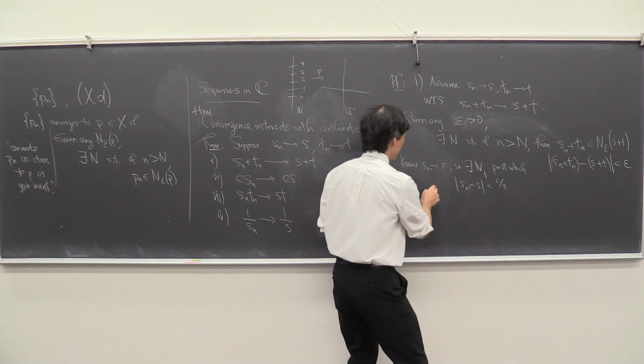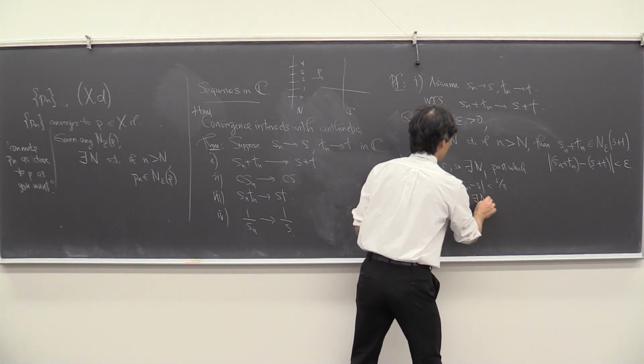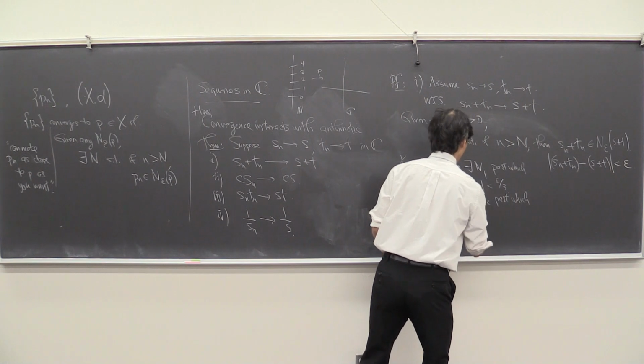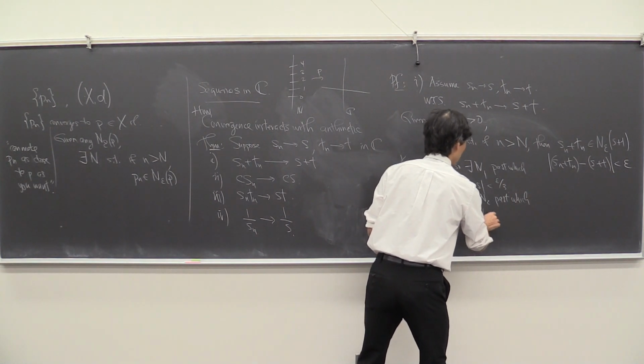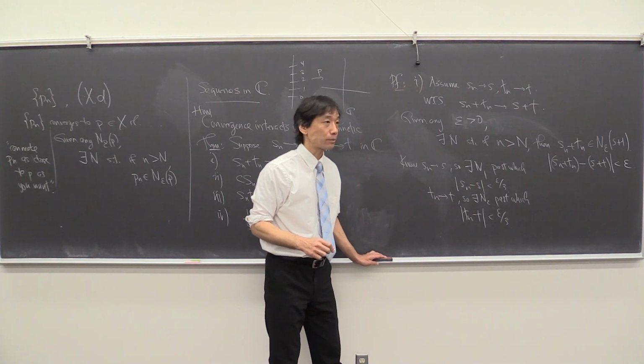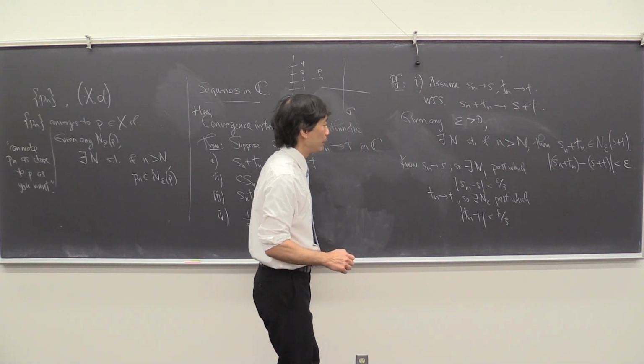Similarly, we know T_n goes to T, so there exists an n2 past which the modulus of T_n minus T is smaller than epsilon over 3. Right? Okay.